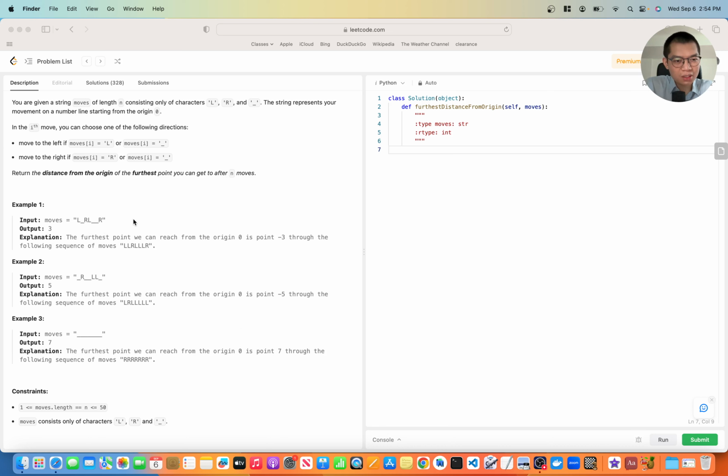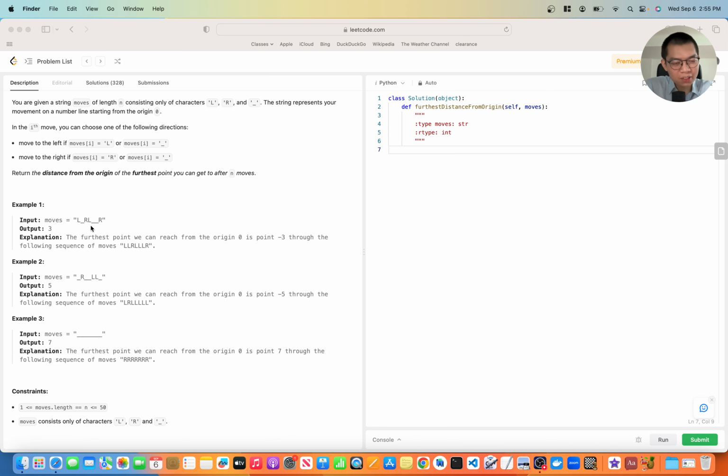Well, imagine there's a number line, right? The moves are L, L, R, L, L, L, R. So you move to the left once, which puts you at -1, then you move to the left again, which puts you at -2, then you move to the right once, which puts you back at -1, then you move to the left 3 times: -2, -3, -4, and then the last one is an R, which puts you at -3.